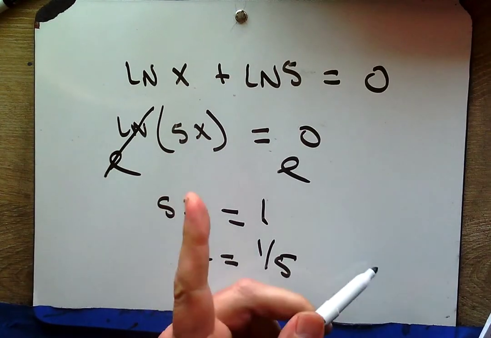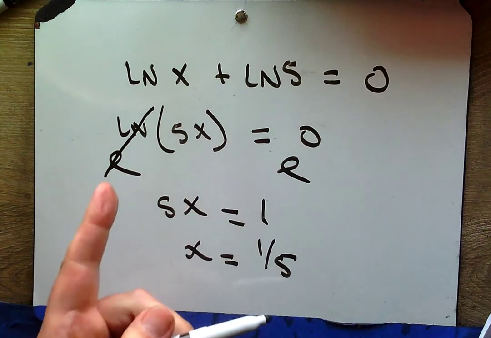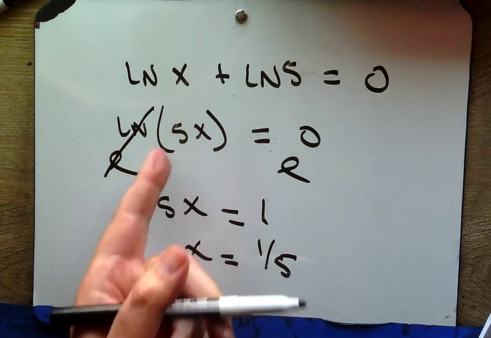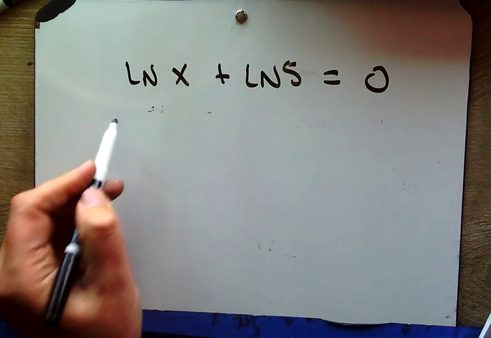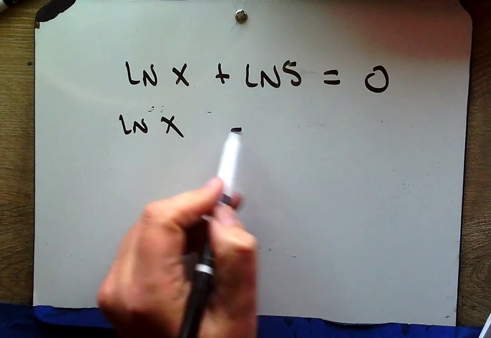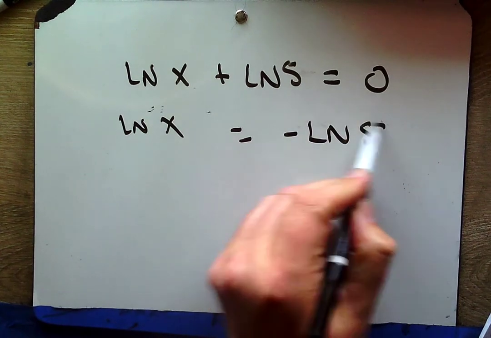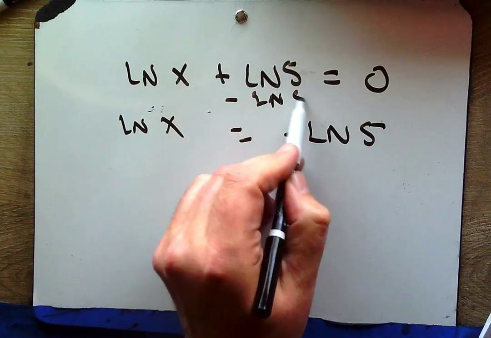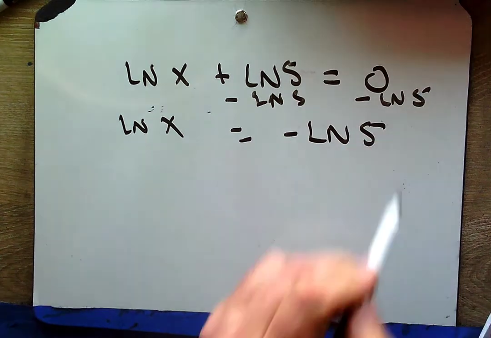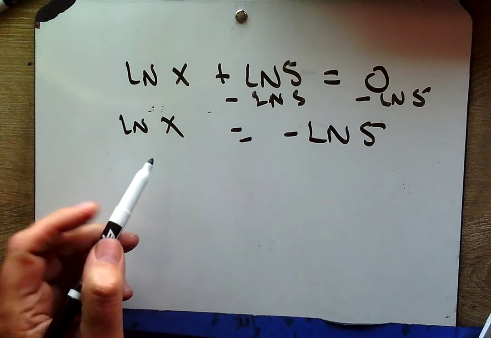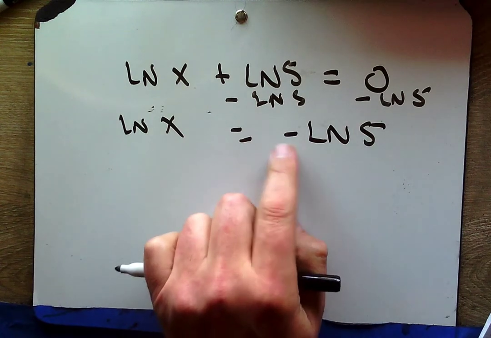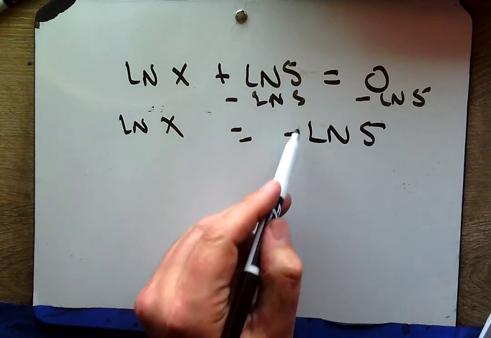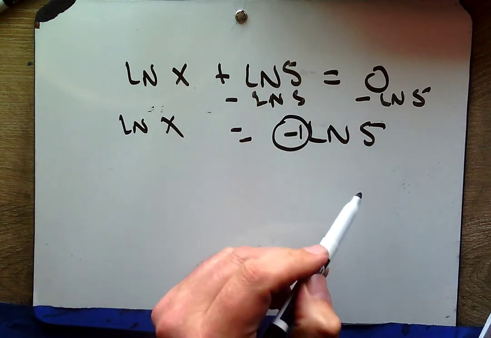Now, for those of you who didn't want to combine these into one log, and instead thought, I'm going to subtract ln of 5 from both sides, minus ln of 5, minus ln of 5. So now it looks like this. I can't exponentiate yet. I have to deal with this negative 1. It's a power.